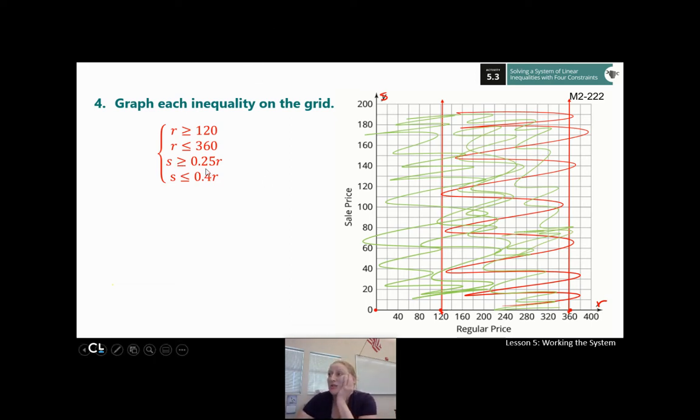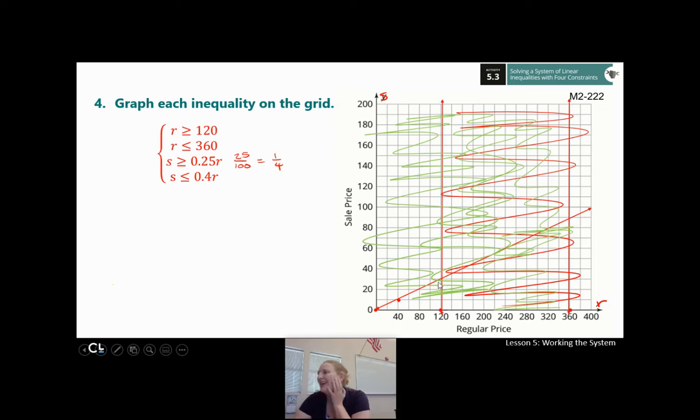S is greater than or equal to 0.25 R. Well, there's no plus anything on the end, so that means it does hit right at the origin. The slope 0.25, there's a lot of ways to think of that slope. You can think of it as 25 over 100, which simplifies down to 1 over 4, however you want to do it. If you go up 25 and over 100, it gives you a dot, and you can connect the dots.